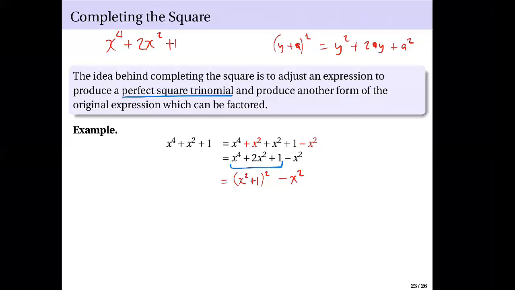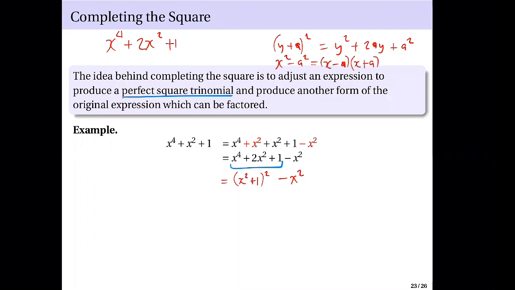Let me write it here. So x squared minus a squared is equal to x minus a times x plus a. So you will use this formula now for this expression as a whole.